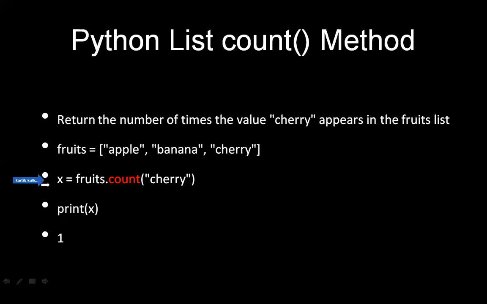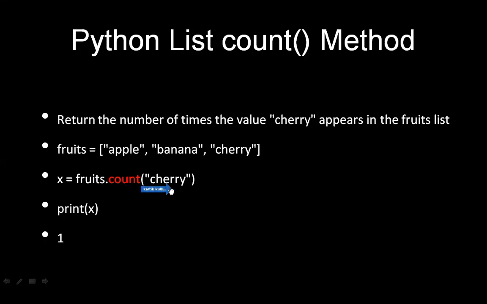In this example I have used the list name dot the method name, that is the count method, and then I pass the value. Which object do I need to count? I need to count this cherry.